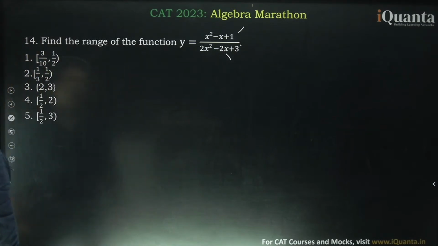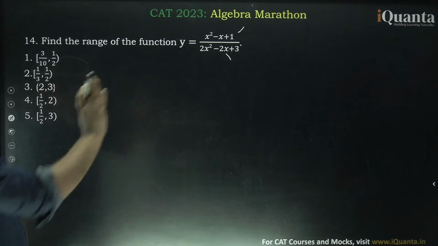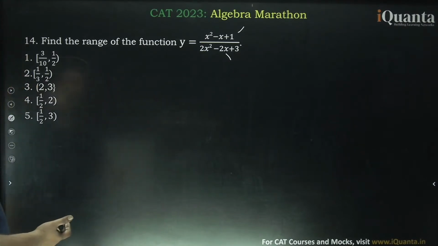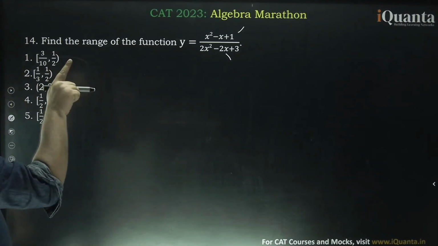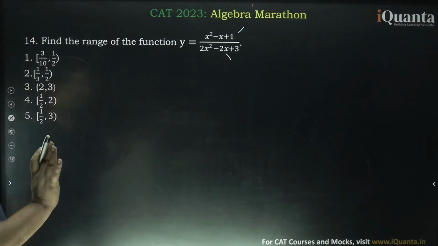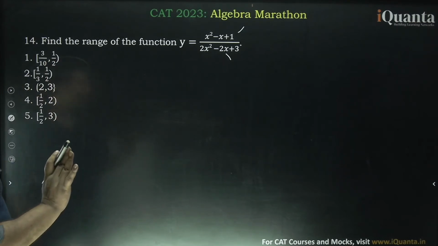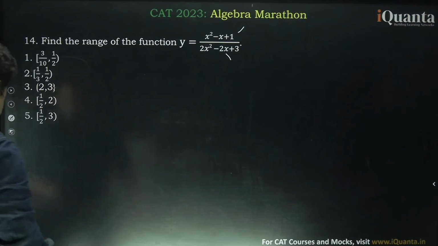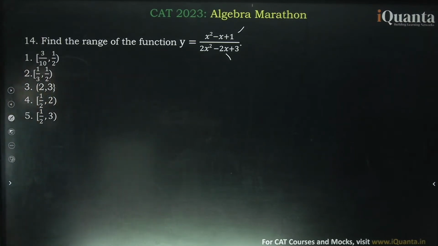Now if I try to find, do we have the roots for this? Would we get the roots? ऊपर वाला parabola, the discriminant is less than 0. Now ऊपर roots आएंगे ना नीचे roots आएंगे, कहीं भी roots आएंगे नहीं. So I can do something. I can just try to put in the values and try to get the direction of the graph, and depending on that we'll be able to find our exact value. So let us start doing that.